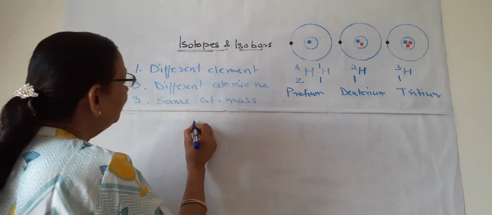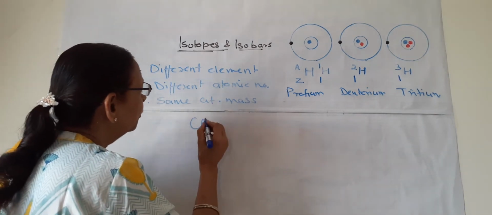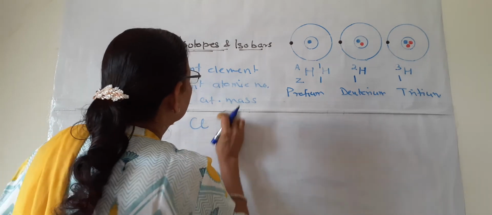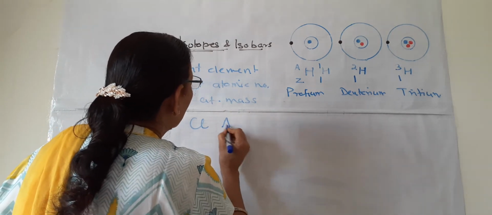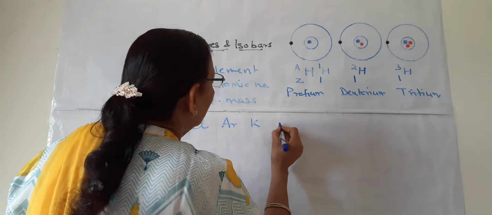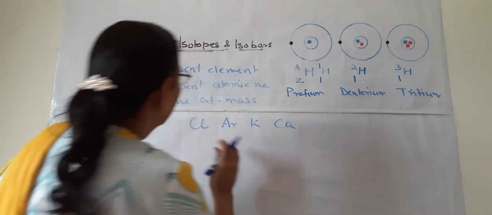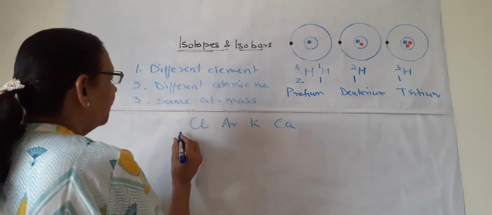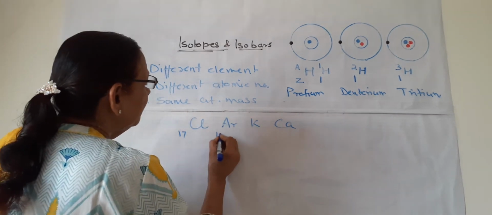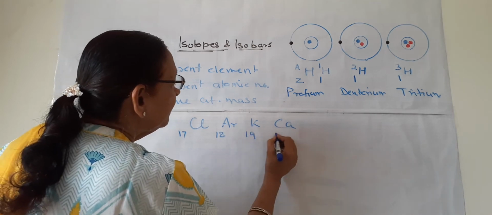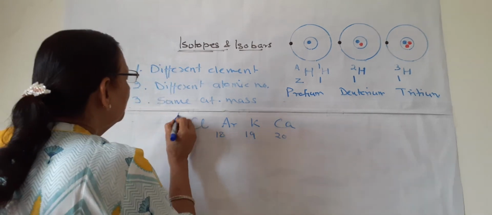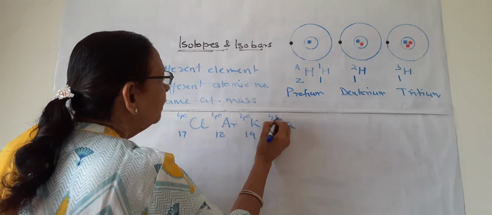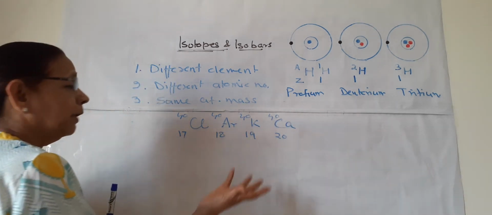The example we take here is chlorine, argon, potassium and calcium. If we take these four elements, the atomic numbers are 17, 18, 19 and 20, but all have the mass 40, 40, 40, 40.